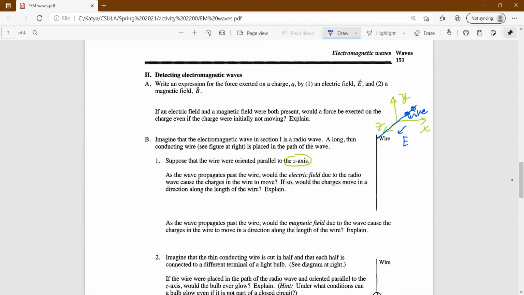Positively charged particles. Well, we remember that electric force is electric field multiplied by the charge, right? And magnetic force is the charge times the velocity cross product with the field B. Because electrons, or positive particles in the wire, are at rest, the electric field is going to start moving them because there is a force applied.